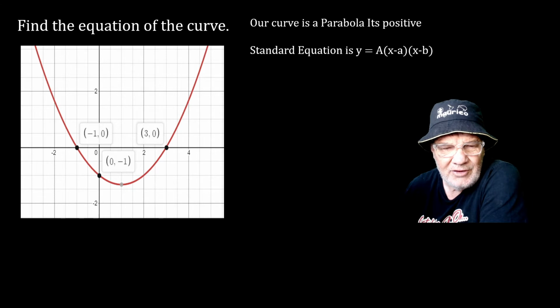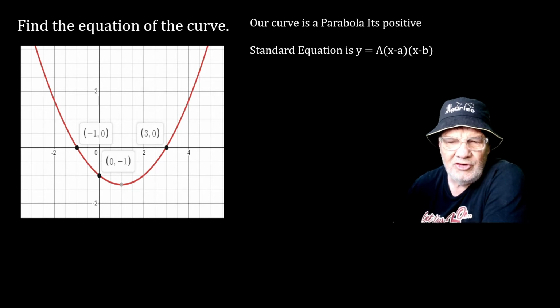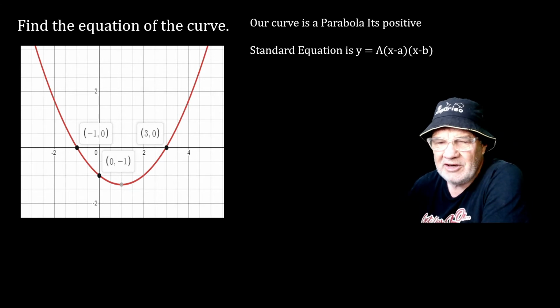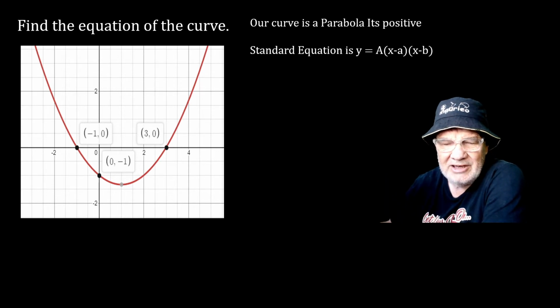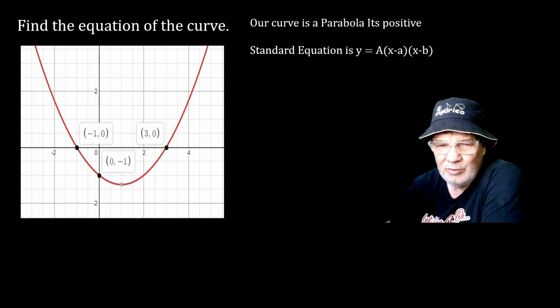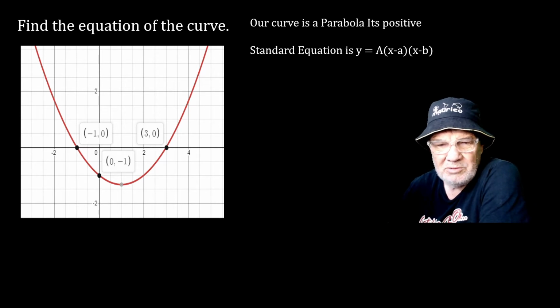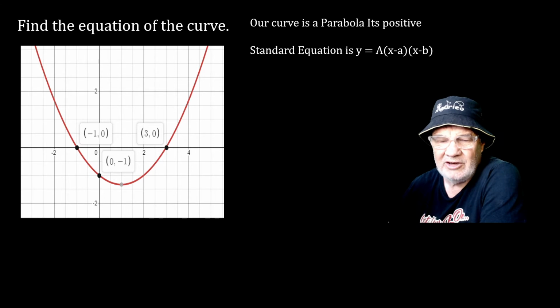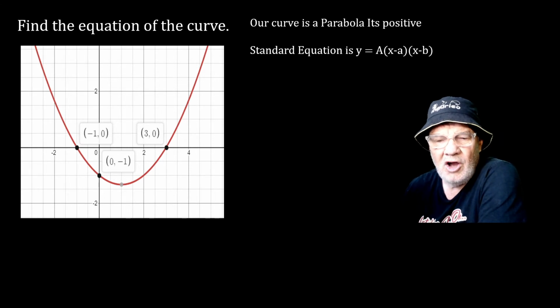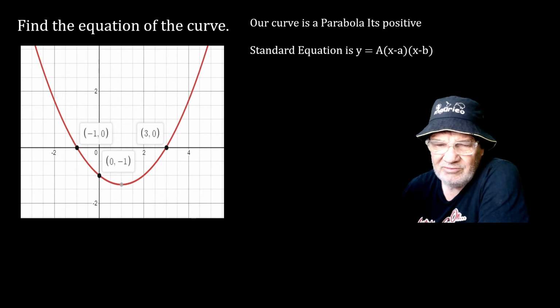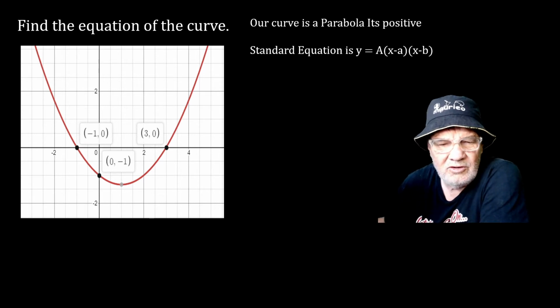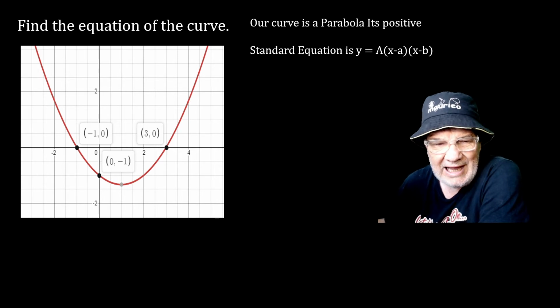Now, the parabola is always associated with the quadratic equation, where the highest power in it is to the power of 2. So typically, x squared or something squared, but no higher power. And so that means that there are two roots, or real roots.